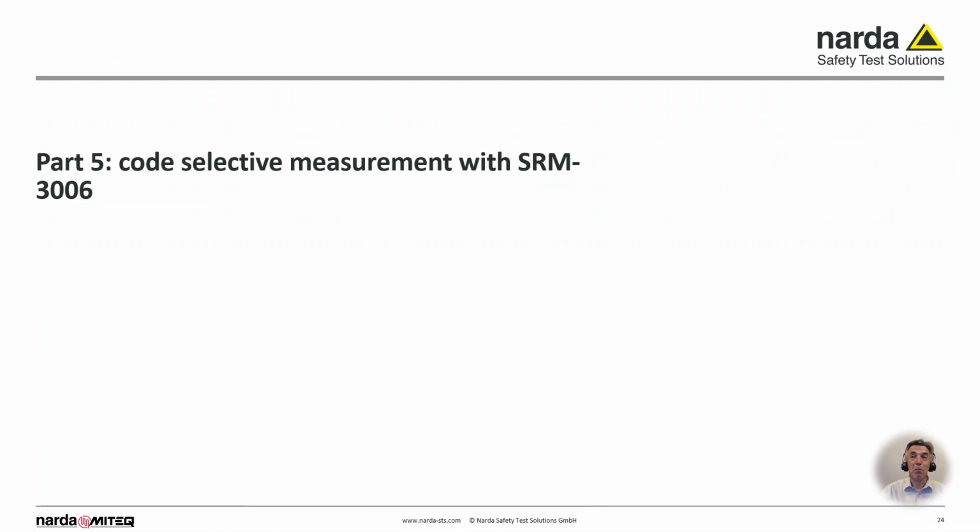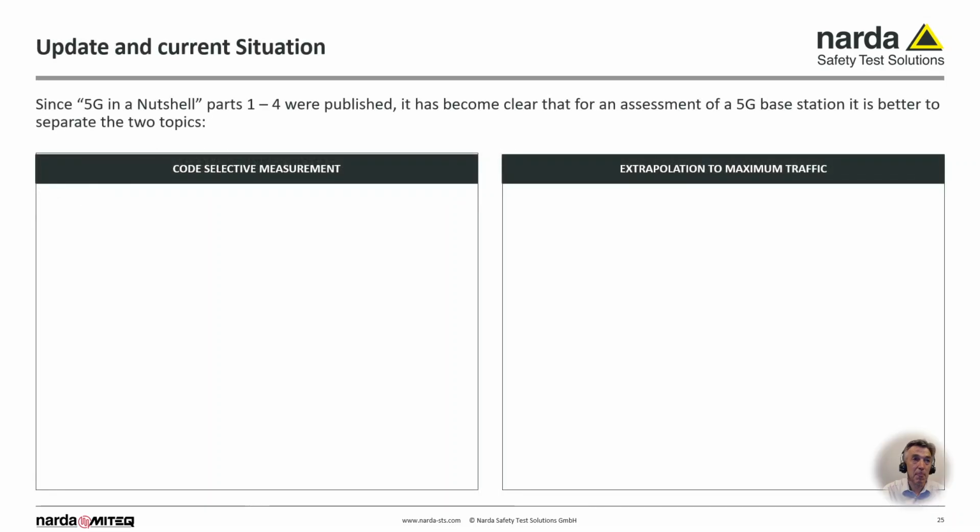So measuring code selective with the SRM 3006 became much more important because the dynamic of the signal is so high today.